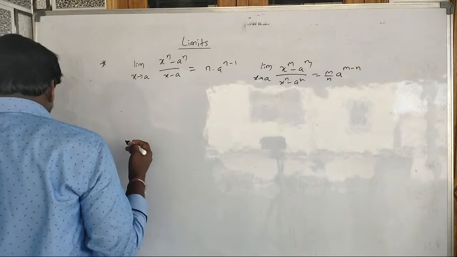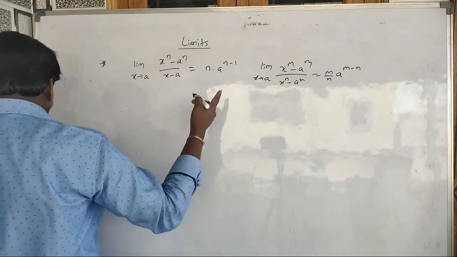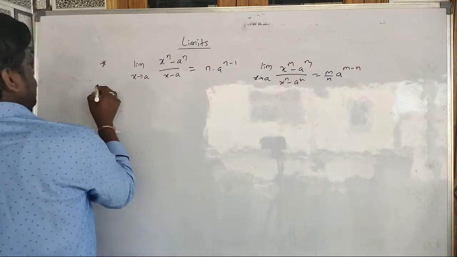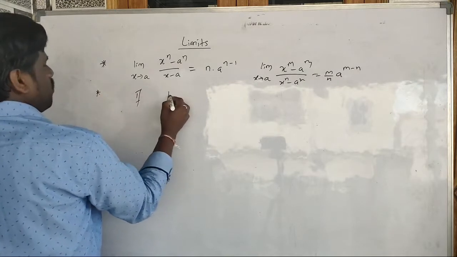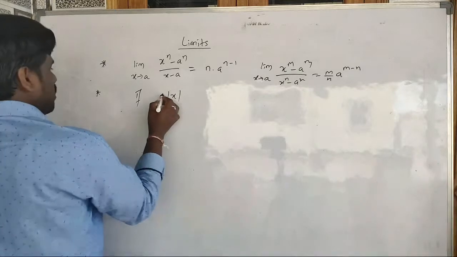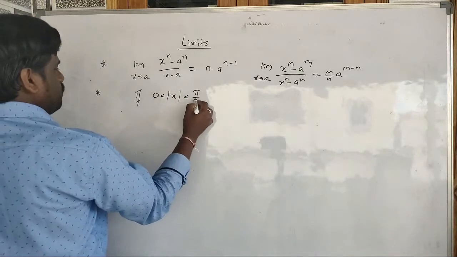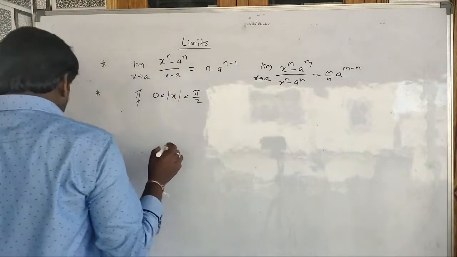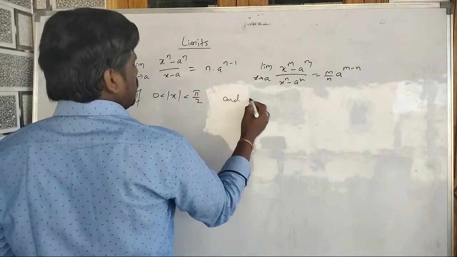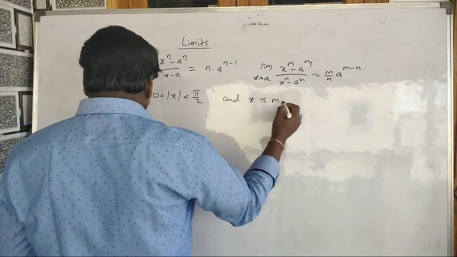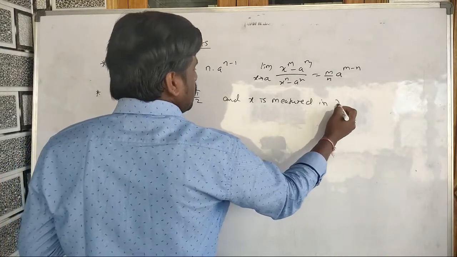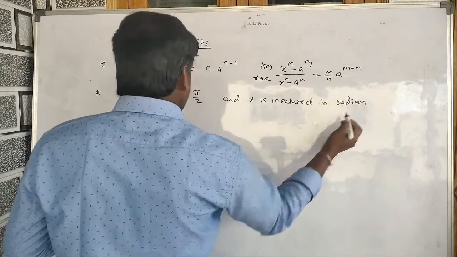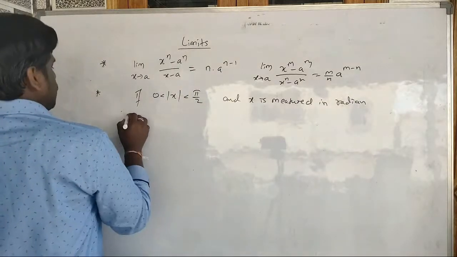Then the third point: if modulus of x is between 0 and pi by 2, and x is measured in radians.